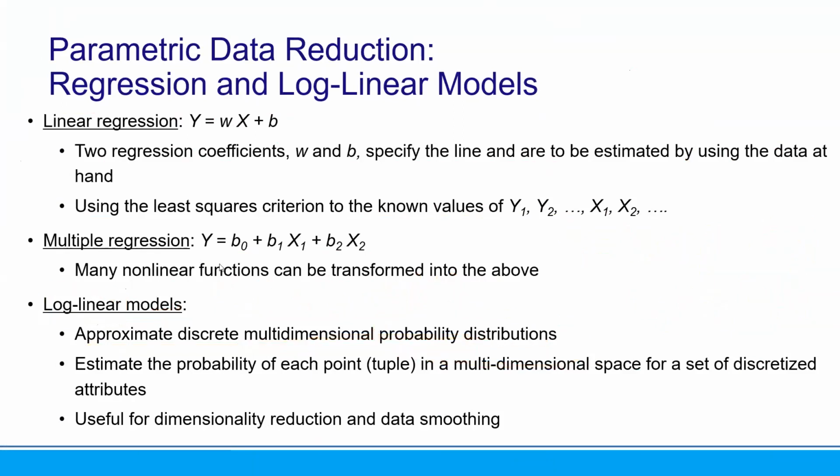We can estimate the probability of each point or tuple in a multi-dimensional space for a set of discretized attributes. So in this log linear model, we can also determine the y, not the real value of y, but we can make it the logarithm of y.